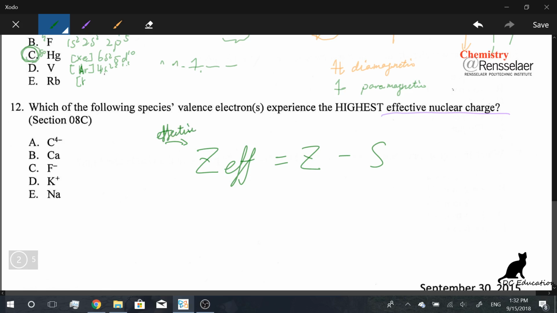Effective nuclear charge. And this is the number of protons, or just atomic number.